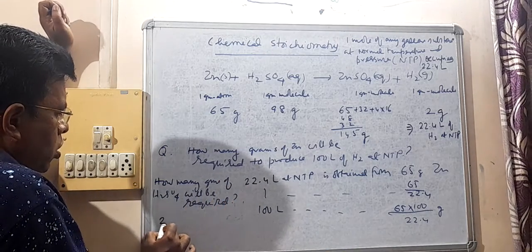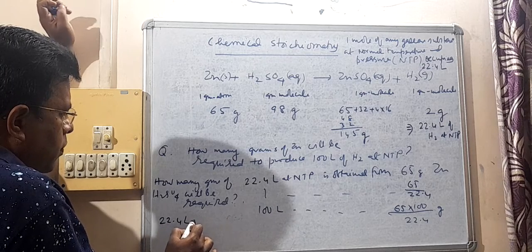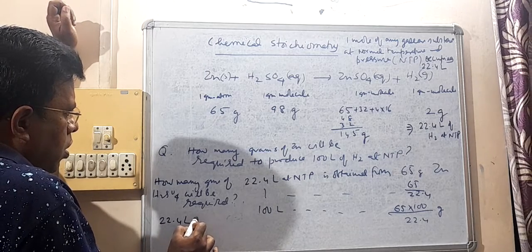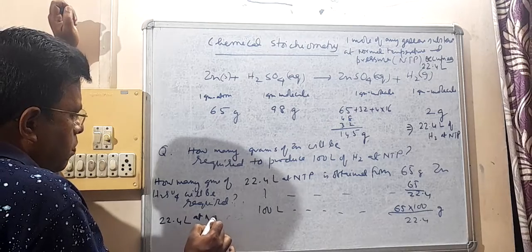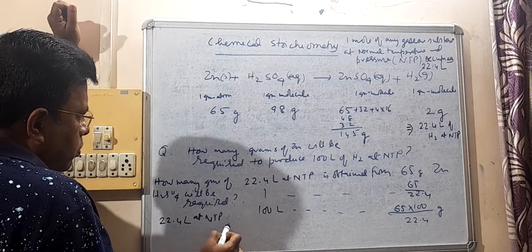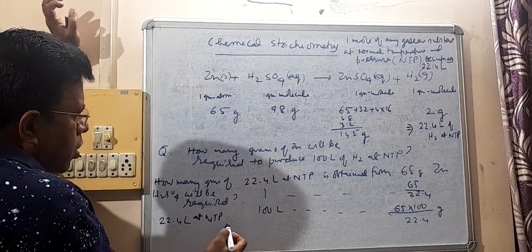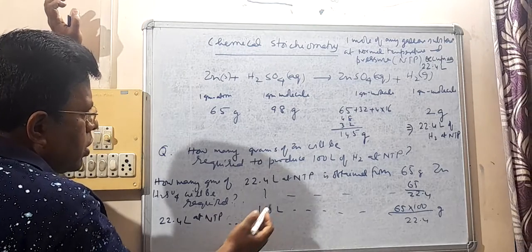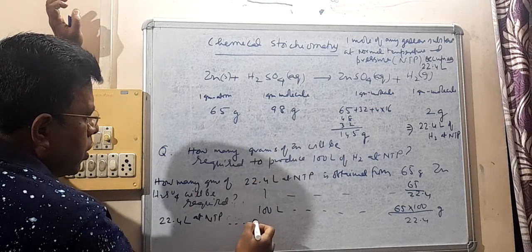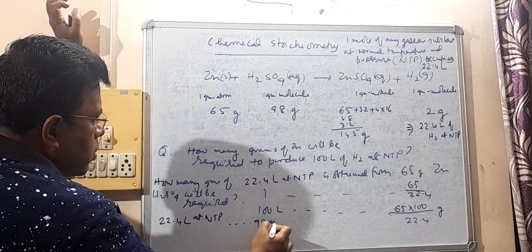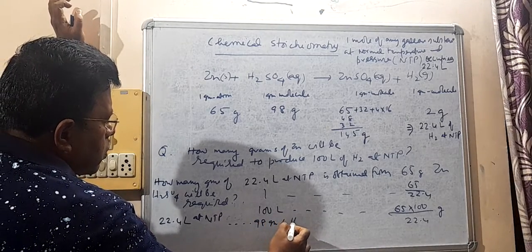Same as before, 22.4 liters at NTP is obtained from 98 grams of H2SO4.